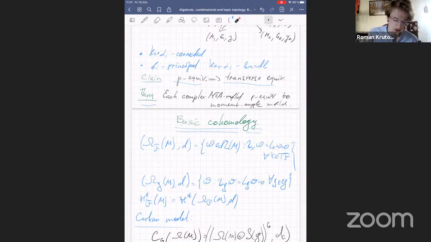And these are actually two conditions which are necessary and sufficient in the case of a fiber bundle for a form on the total space to be a pullback of some form on the base space.